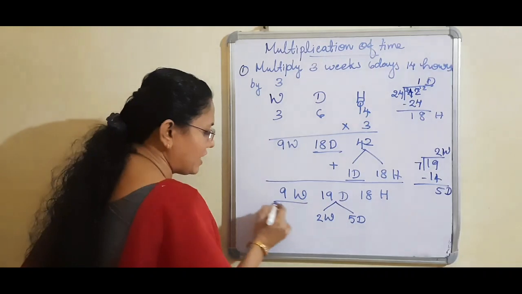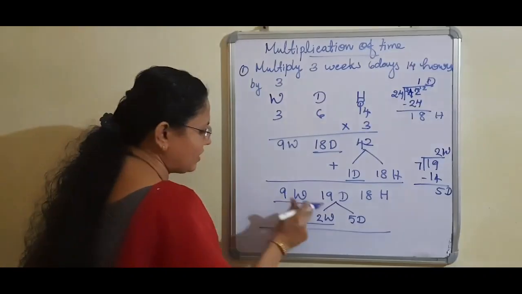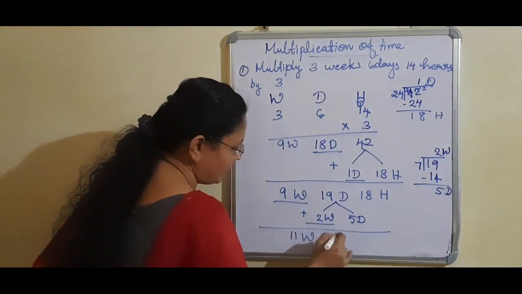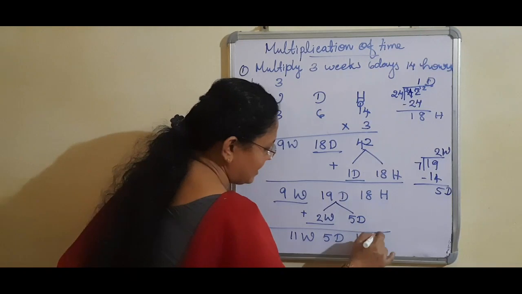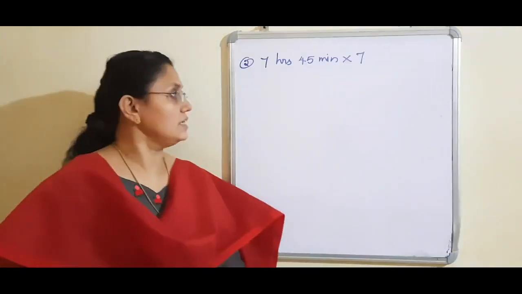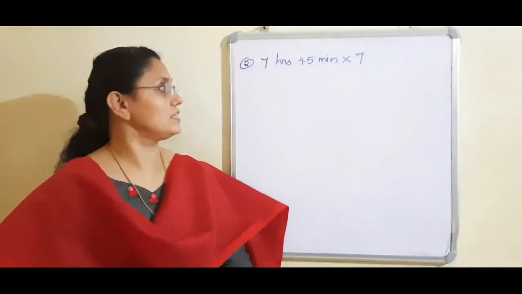Already we have learned same units we can add. Therefore, what is the answer here? 9 weeks plus 2 weeks, 11 weeks. Next, 5 days and 18 hours. This is the answer.